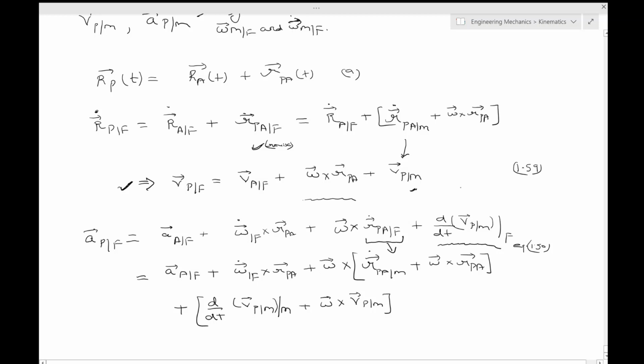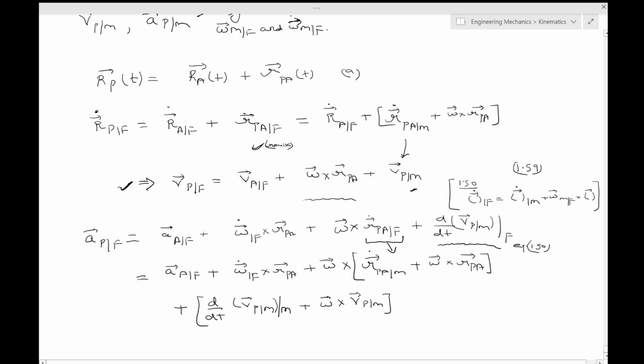So this was 1.50: any vector's time derivative in the f frame is equal to the same vector's derivative in the m frame plus omega of m with respect to f cross the vector.